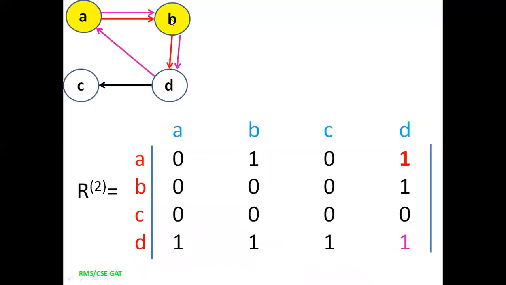So from A to B, B to D. So by using B, I can reach D. So I got a new transitive edge A to D. Similarly here D to D. To reach D with the help of A and B: D to A to B, B to D. So again I got this as 1 here. So this indicates the new transitive edges in R power 2 with a maximum of two intermediate vertices.